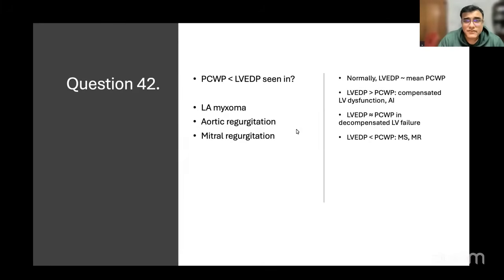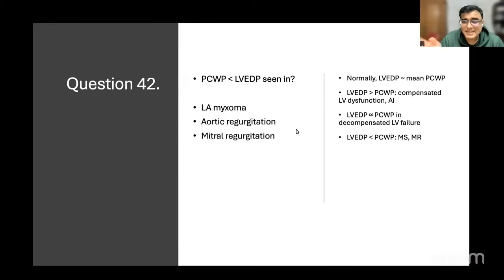Whenever LV end diastolic pressure is more than pulmonary capillary wedge pressure, it is compensated LV dysfunction or aortic insufficiency, which is aortic regurgitation. If LVEDP equals pulmonary capillary wedge pressure, then it's decompensated LV failure.